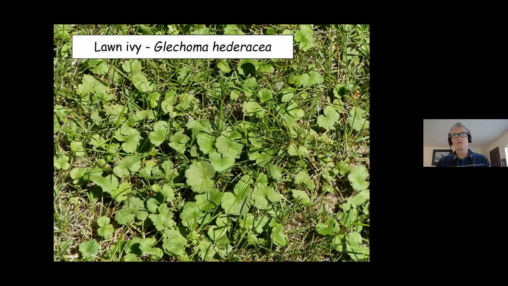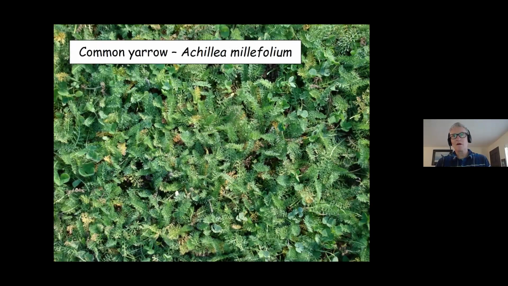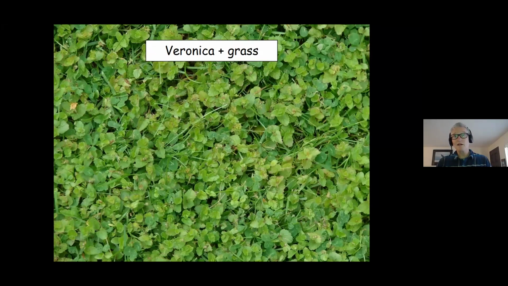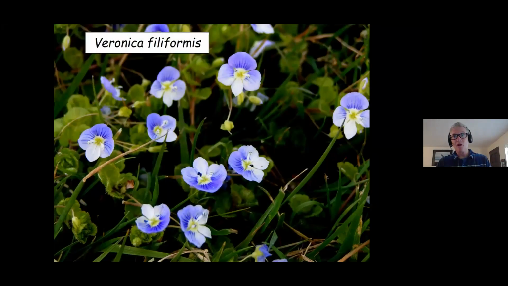Others might include lawn ivy, yarrow, and we'll talk about yarrow a little bit later with reference to eco lawns. Oxalis is another weed that will grow in lawns. Veronica, and for me, Veronica has some really nice little pretty flowers and blends in pretty nicely overall.